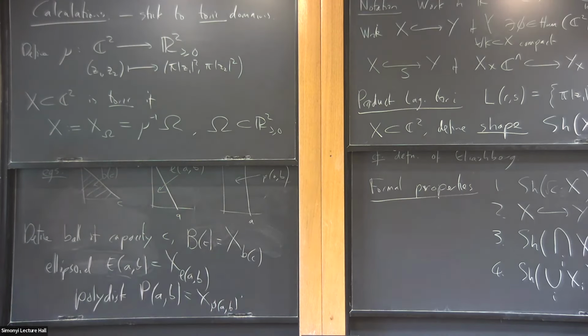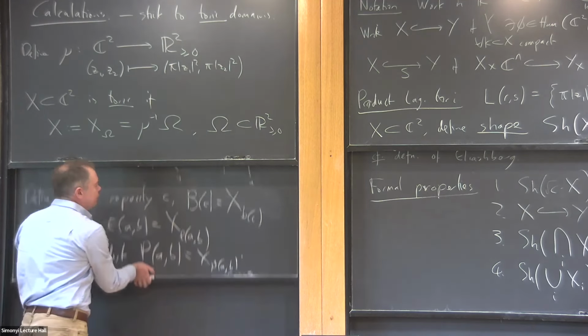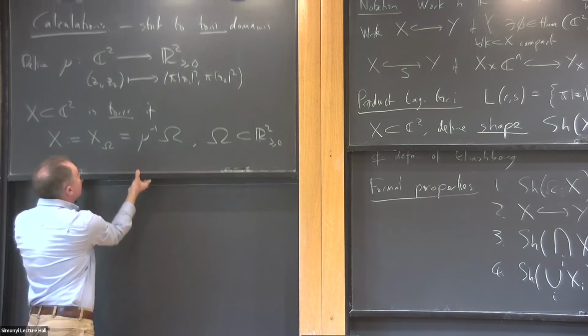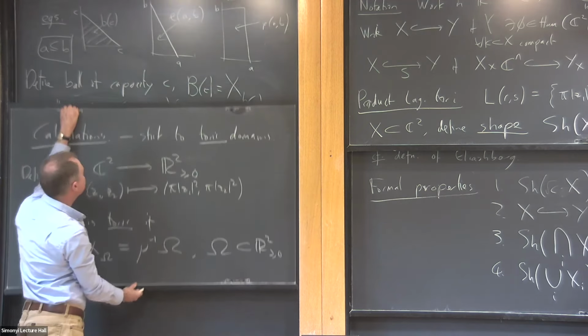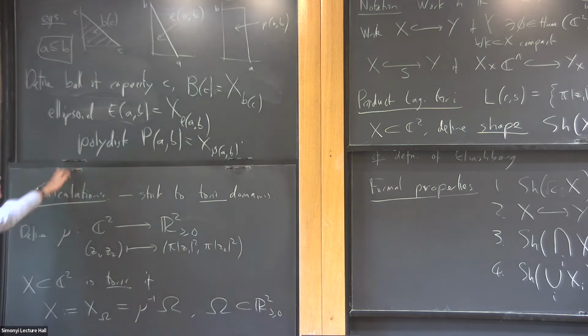I'm always going to write the factors in order. Sometimes the notation changes if you put one factor. So these are examples of toric domains, with lots of others.